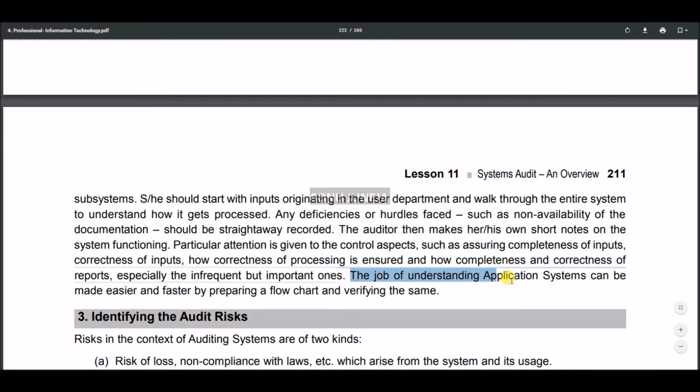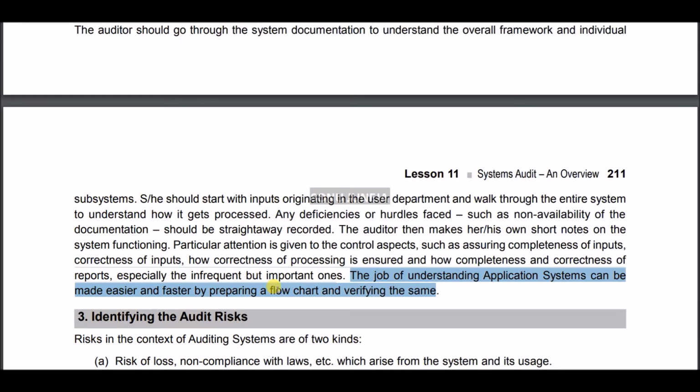The job of understanding the application system can be made easier and faster by preparing a flow chart and verifying it. So understand the deficiencies, hurdles faced, non-availability of documentation. You need to look for control aspects, assuring the completeness of inputs, correctness of inputs, and how the correctness of the inputs you are processing is ensured.